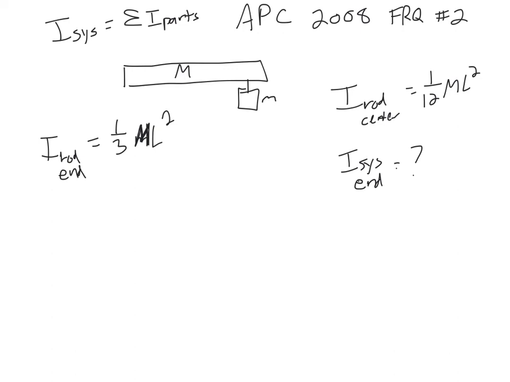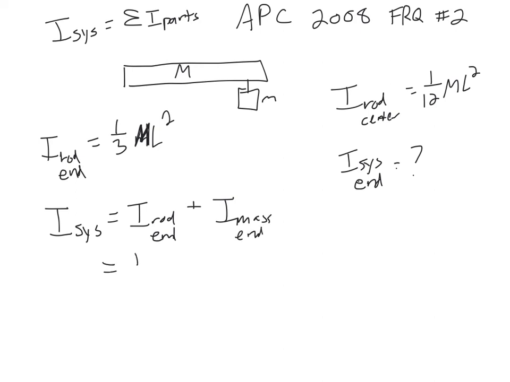1/3 Ml squared. And then you would say the rotational inertia of the system is the rotational inertia of the rod around the end plus the rotational inertia of the mass around the end.